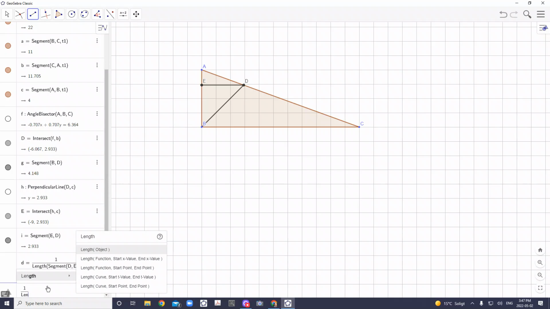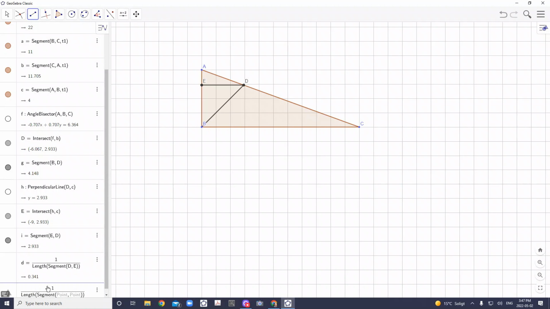Okay, the length of segment, the object is segment, the sides, yes, the point, and which one is that? AB. So I would write capital A, comma, capital B. And then plus 1 over the length of what?